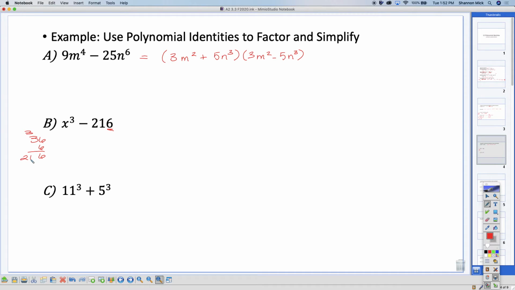Okay, so how do I do it? So x plus 6, x squared minus 6x plus 36. Once you figured out the cube root, you're done with the hard part, yes? Yeah.